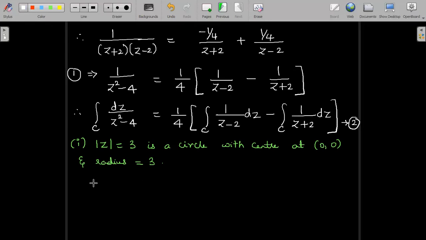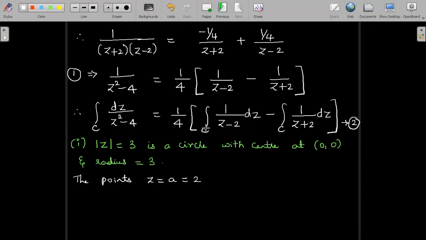Right. So let us mention about that. The points z is equal to a equal to 2. We are comparing the first denominator term with z minus a. We always compare this with z minus a because this is of the form f of z by z minus a dz, the left hand side of the integral in Cauchy's integral formula.